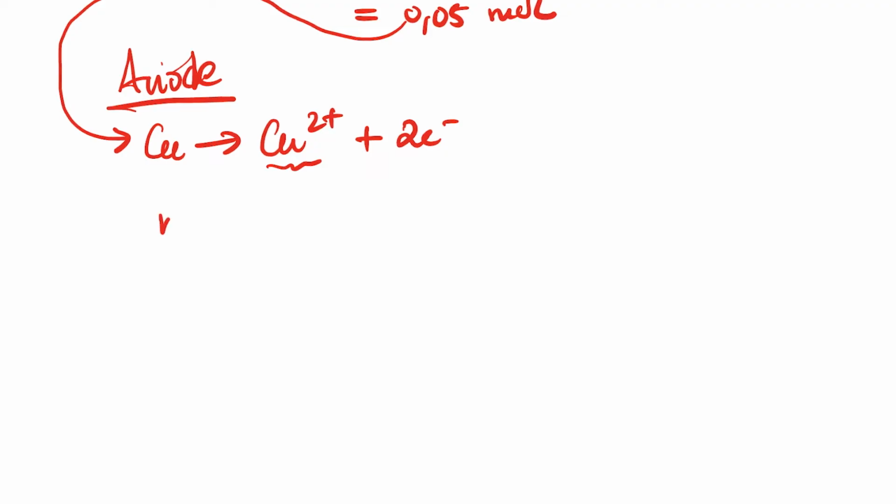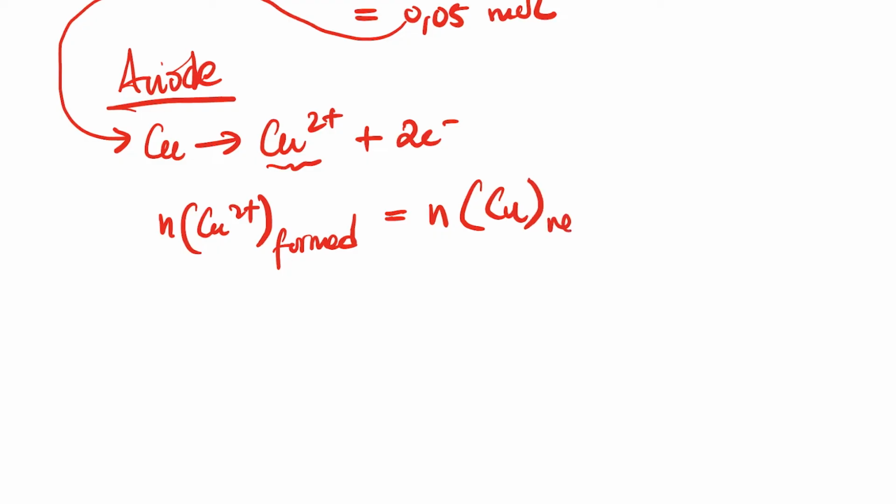So we can simply say the number of moles of copper ion that is formed is equal to the number of moles of copper that is reacted. Since the ratio is 1:1, they're going to be equivalent.